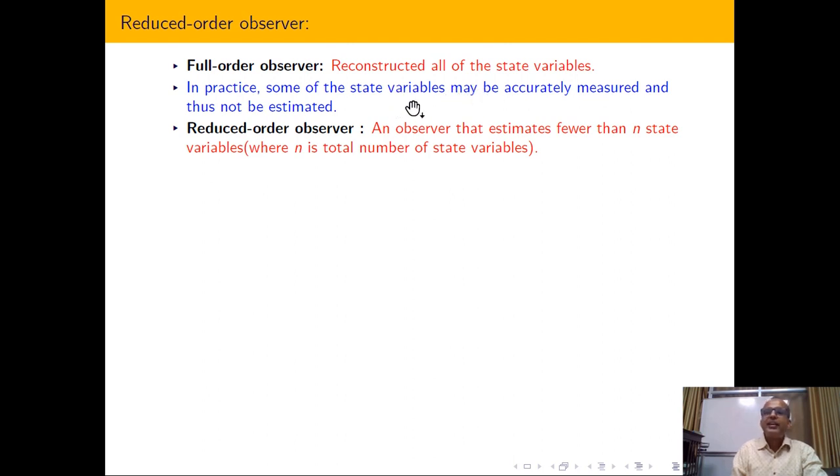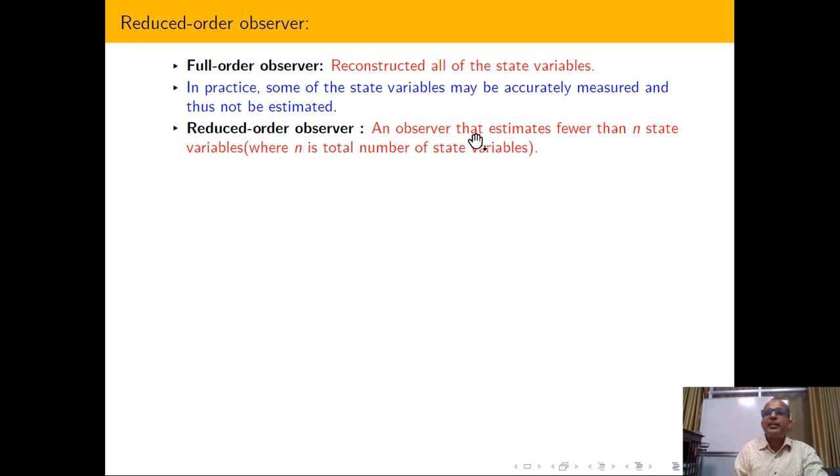But practically some states are always available, so one can avoid estimating those states, and due to that reason the concept of the reduced order observer comes into the picture. So what is the meaning of a reduced order observer?